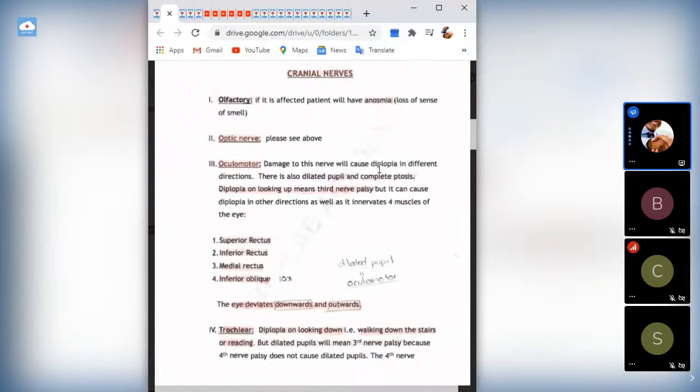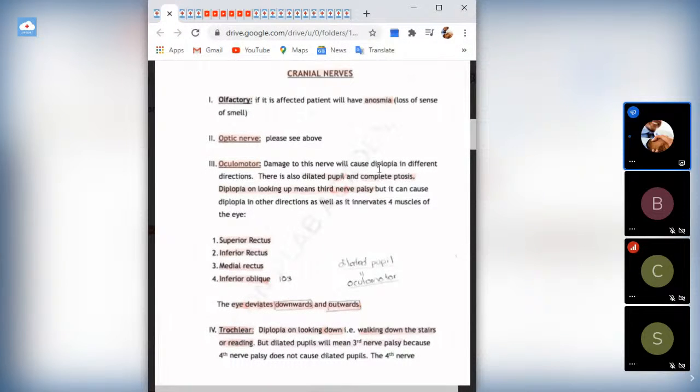Okay, so it's one of the nerves that controls the eyelids. Okay, so oculomotor by itself will cause pupillary constriction, as we have talked about in light reflexes. So when there's damage to the oculomotor nerve, there will be pupillary dilatation. Okay, it should just be dilated.